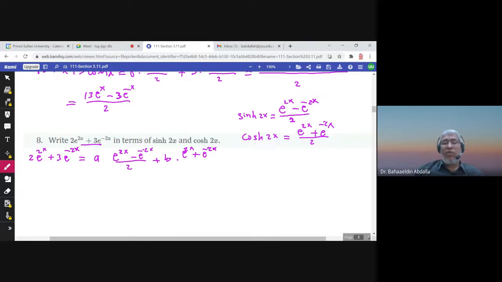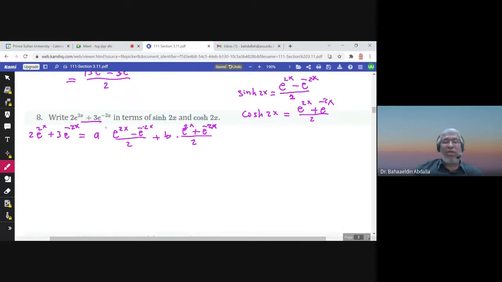I need to solve this equation and find the values of a and b. Then I will be able to write this in terms of sinh and cosh.